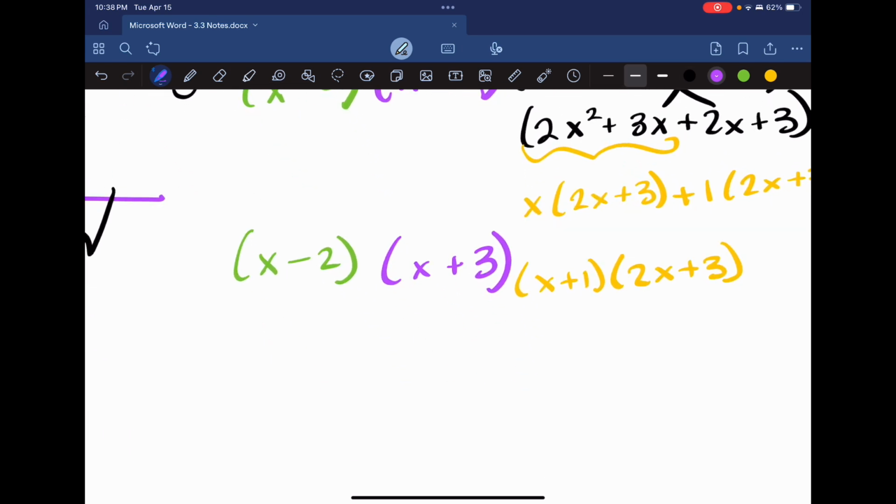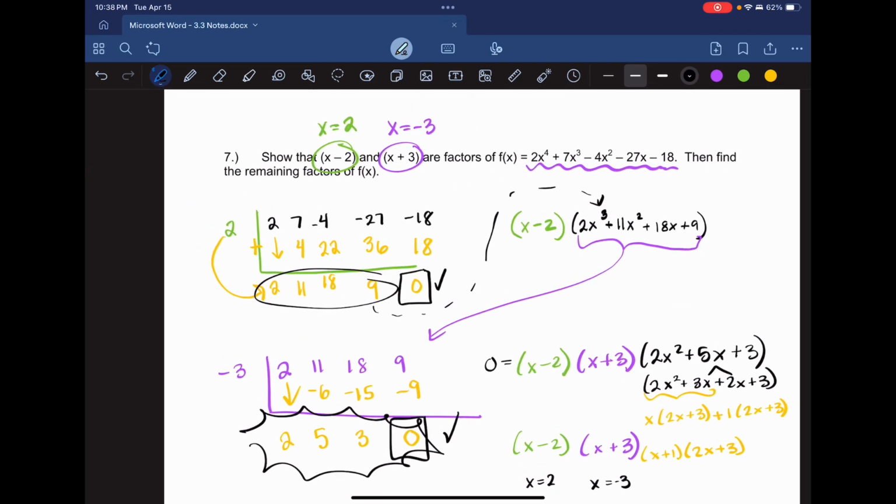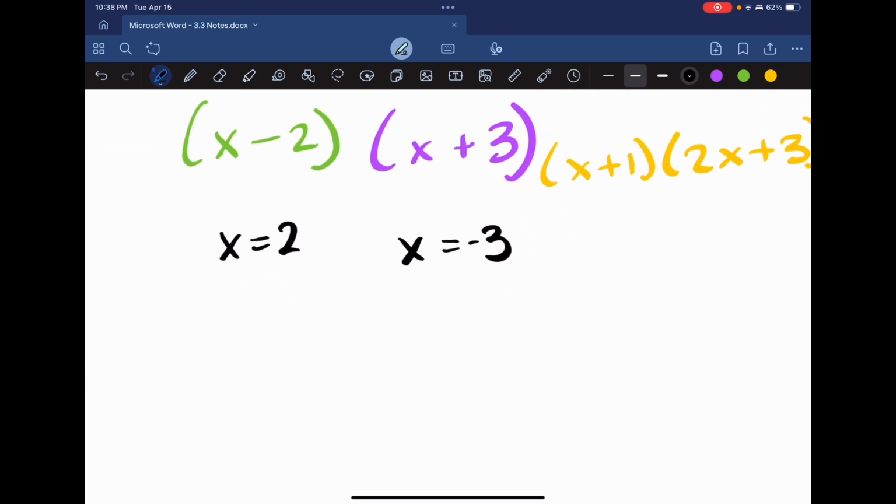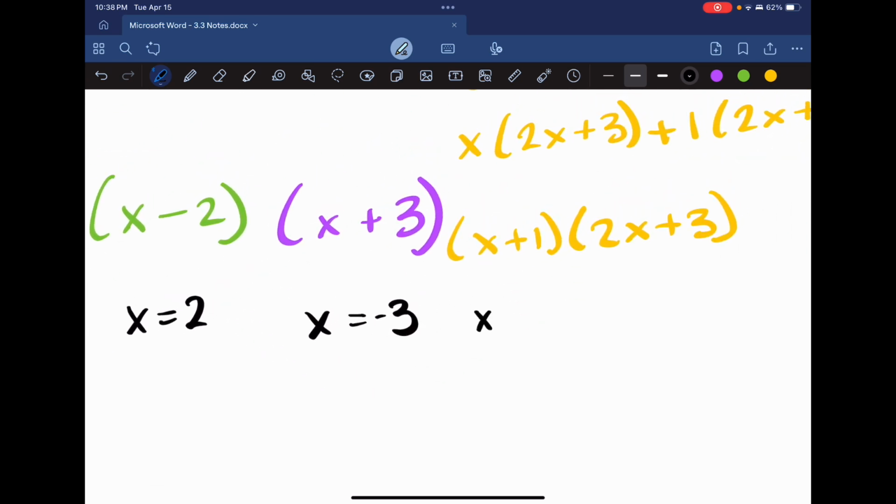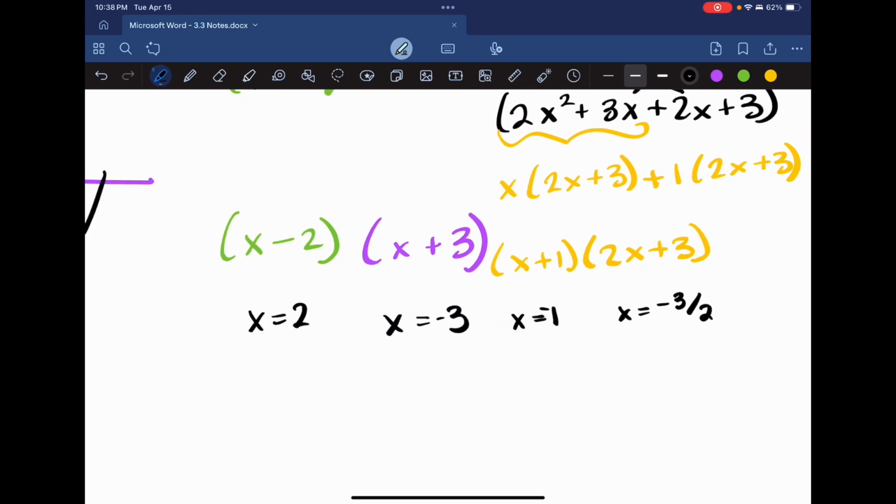And now my zeros would be x equals 2, x equals negative 3, which we already proved over here. And now my new ones, x equals negative 1, and x equals negative 3 halves. Those would be my zeros.